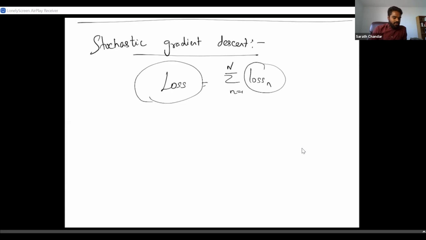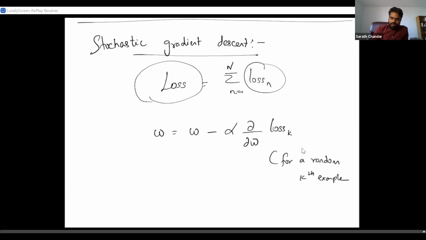Or in other words, the gradient descent update is going to look something like this. W is equal to W minus alpha times dou by dou W of, instead of the capital loss, the loss just for the kth example, a random kth example. Now this is going to be faster simply because for every example you can make a step.